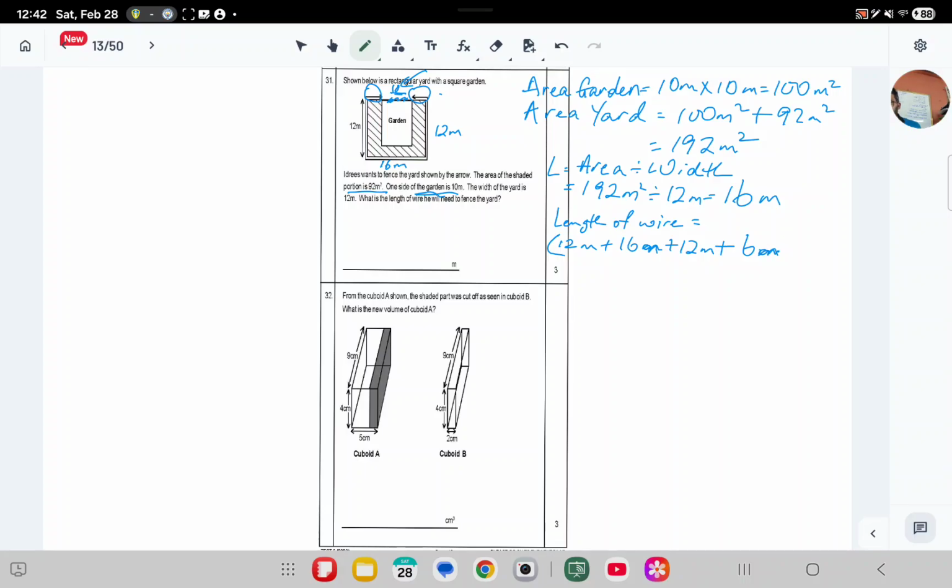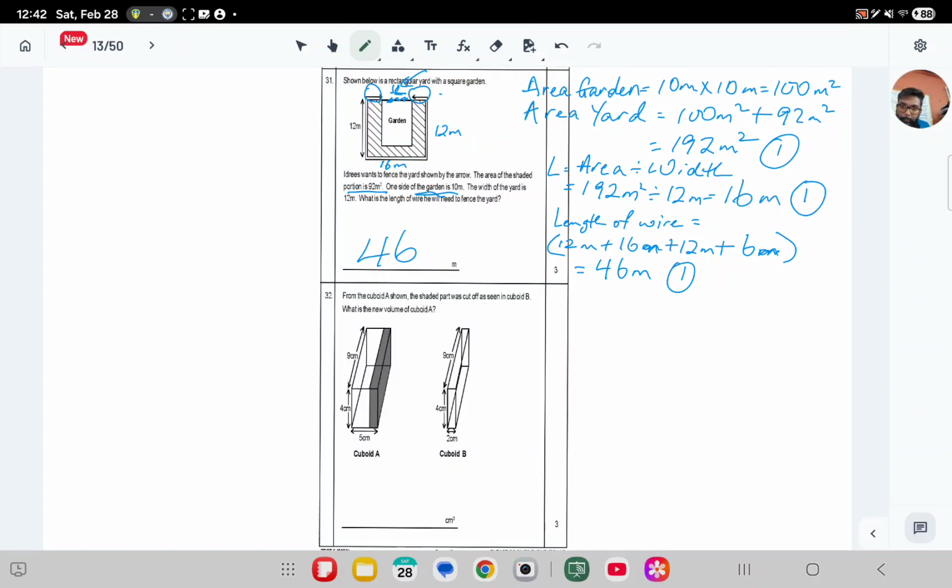I don't know why I keep saying centimeters. So that will give us now an answer of 46 meters. So it will be 46 meters would be the length of wire needed. So you get 1 mark for the length of wire needed, 1 mark for the width, 1 mark for total area.